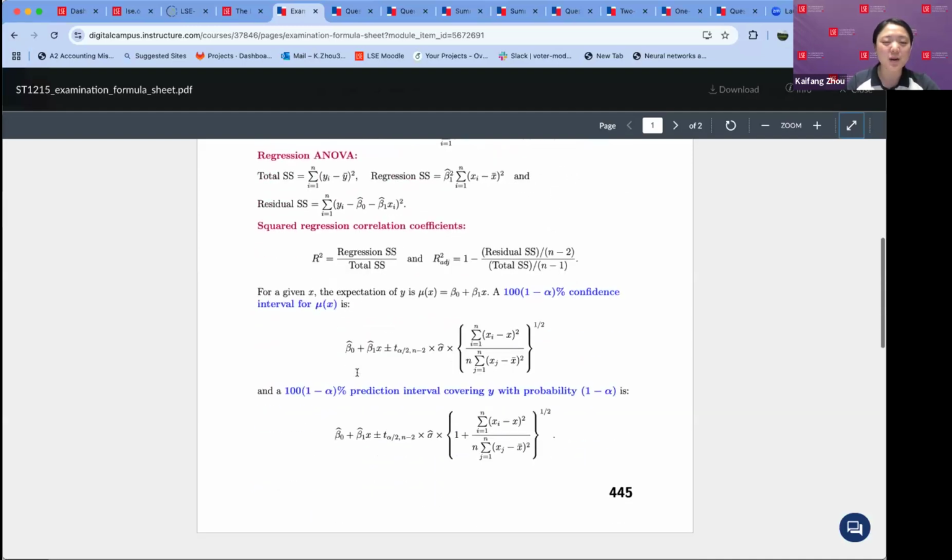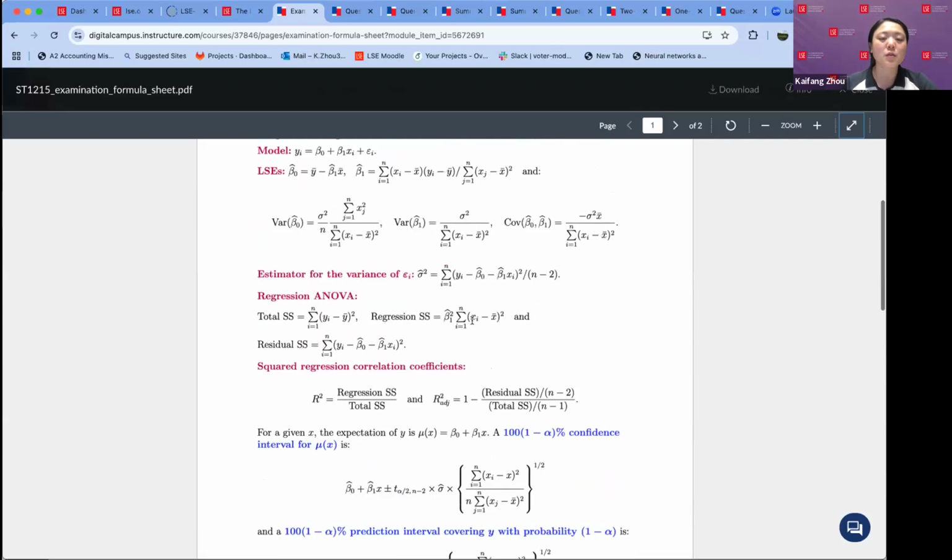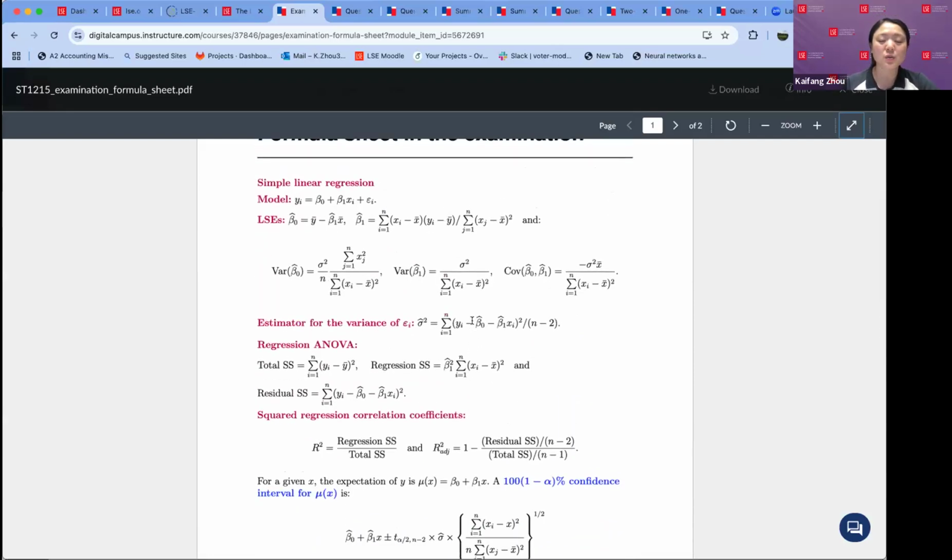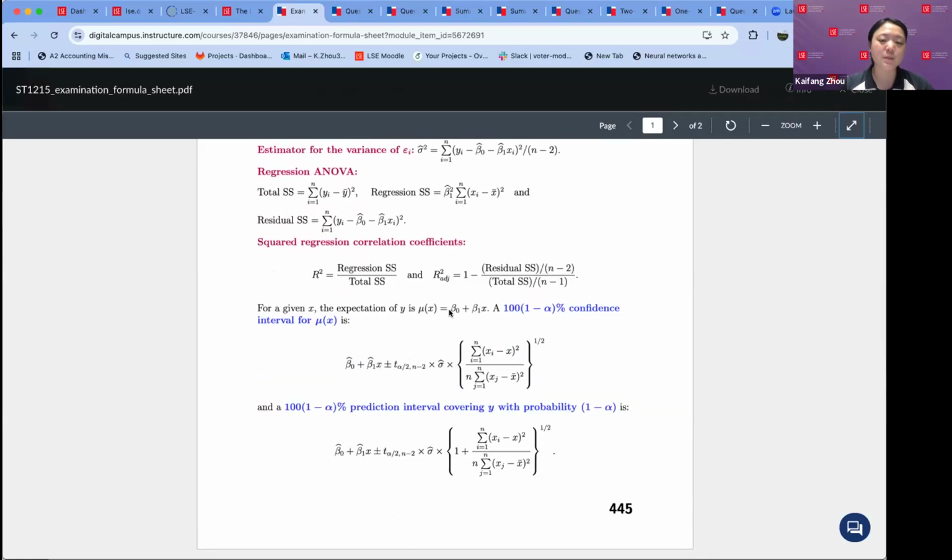And then some hypothesis testing and confidence intervals that you might need to construct, for example, for beta 0 plus beta 1 x. Sometimes we will ask you to carry out the hypothesis testing, for example for beta 0.